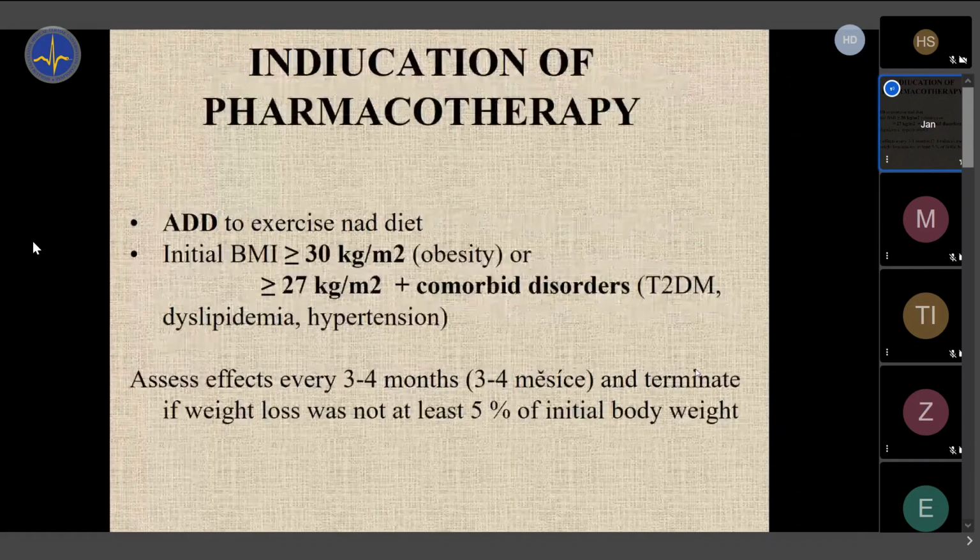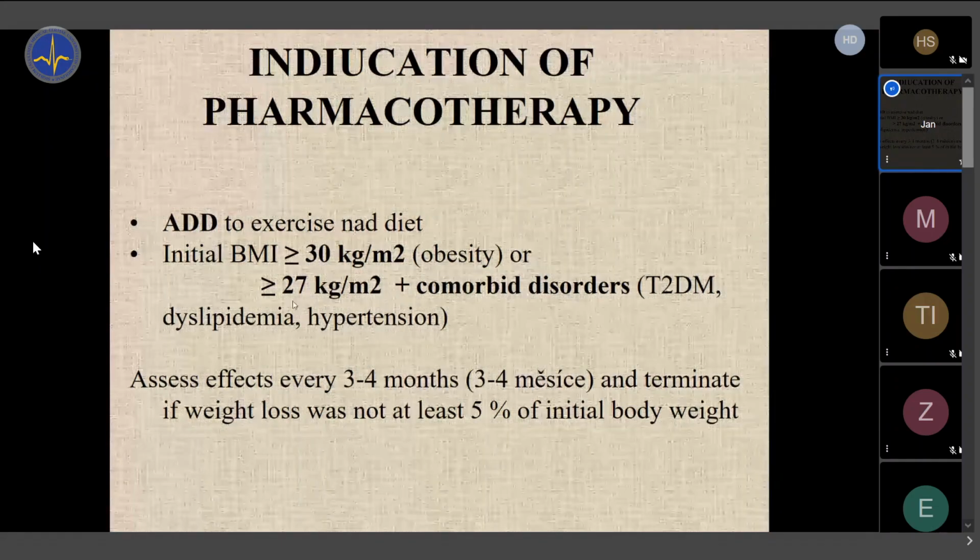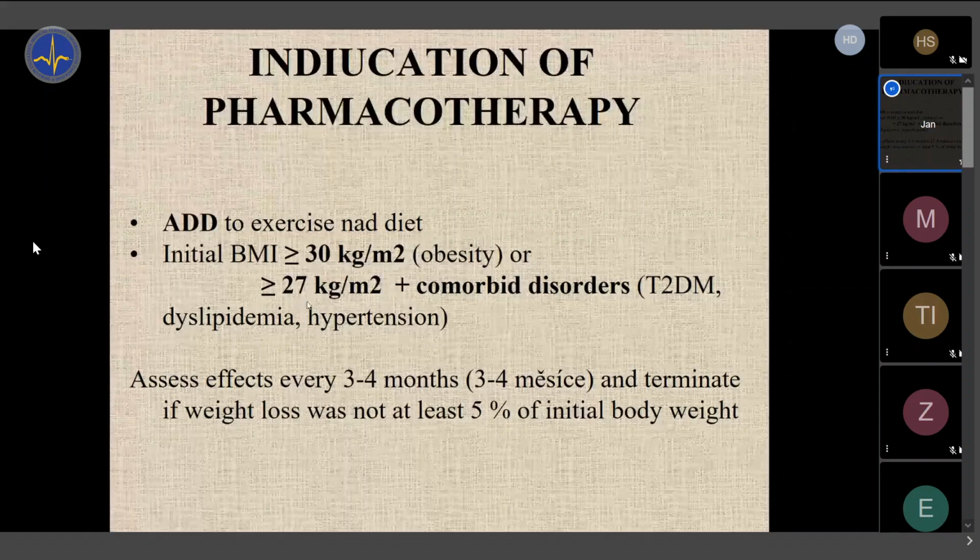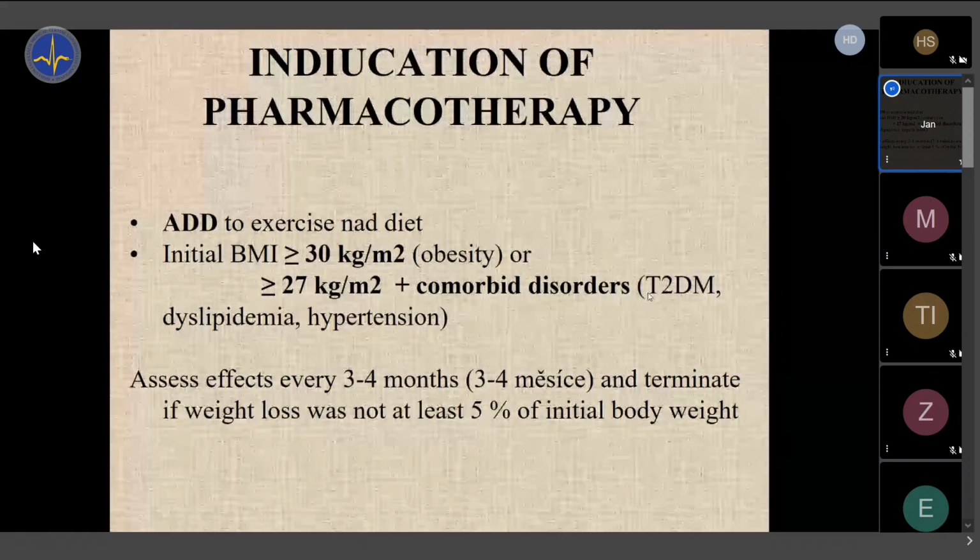Who are these drugs available for? It's for everyone who is obese, actually, everyone who has a BMI over 30. And because we know that many people who are not obese are going to be obese very soon, it's also approved to use these medications in people in the middle, BMI of 27, who have other disorders like diabetes, dyslipidemia, hypertension, arthrosis.